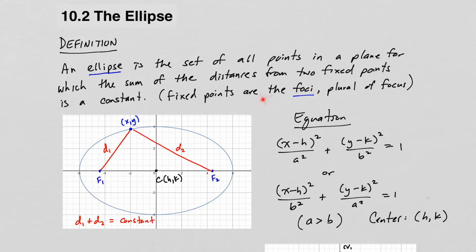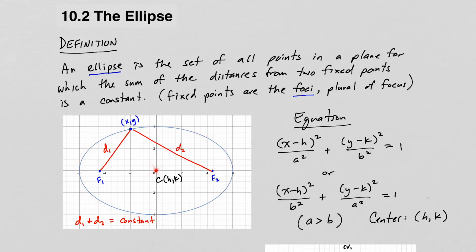Those fixed points are called foci, which is just the plural of the word focus. So we don't say focuses, okay? Anyway, the shape turns out to be this oval-shaped thing.